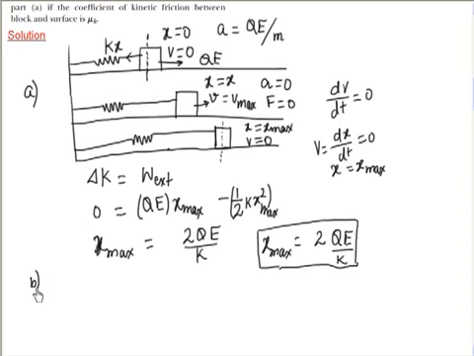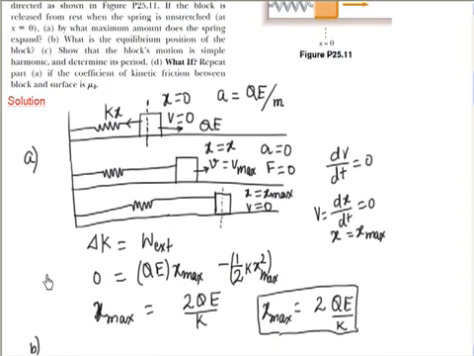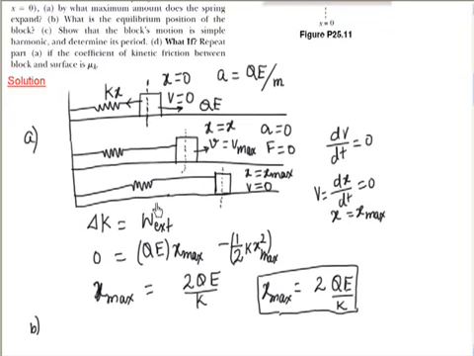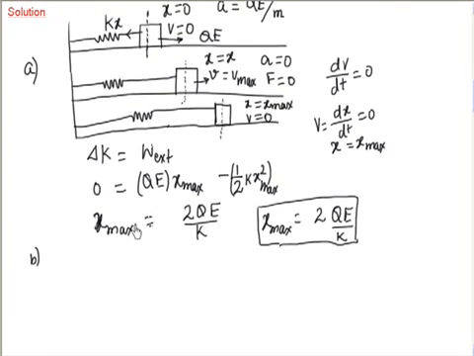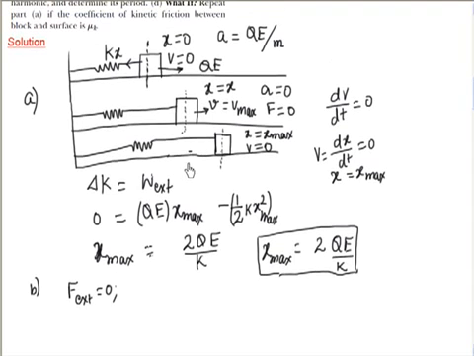So what does this part say? It asks what is the equilibrium position of the block. The equilibrium position is always decided by the external force being 0. So in this case, the equilibrium position can be found by setting the external force equal to 0. Let us say x is equal to x equilibrium.